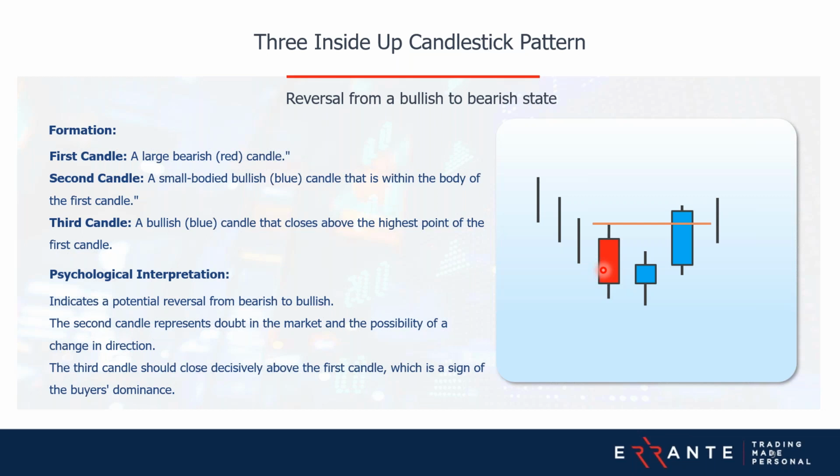As we transition to the second candle, we observe a small bodied bullish candle, it can't be in the opposite color, depicted in a calming shade of blue, and this candle nestles comfortably within the body of the preceding bearish candle, manifesting the market's indecision. It's at this moment that the narrative of the market begins to whisper of change.